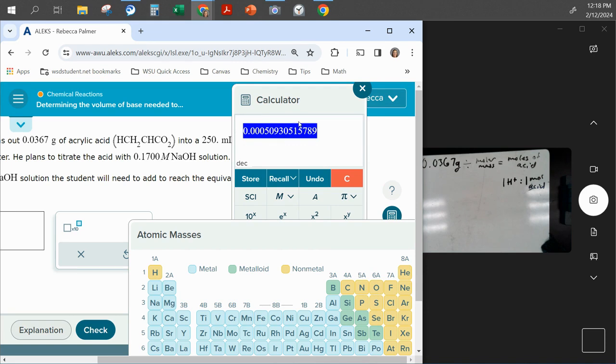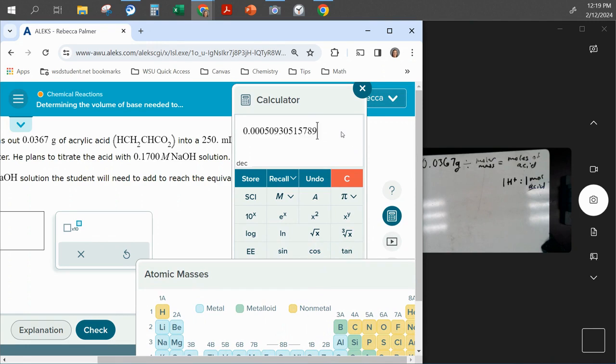So this is the number of moles of acid, but also the number of moles of this hydrogen ion that can come off when we add a base. Okay, so then the next thing we're going to do, once we have the moles of H+, is divide by the concentration of hydroxide, and that will give us the volume of hydroxide in liters.